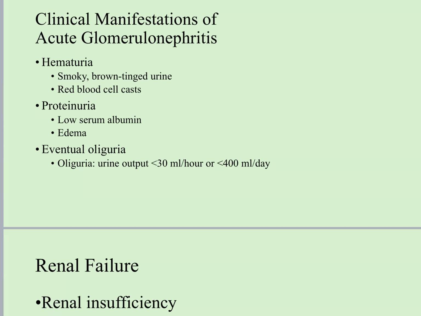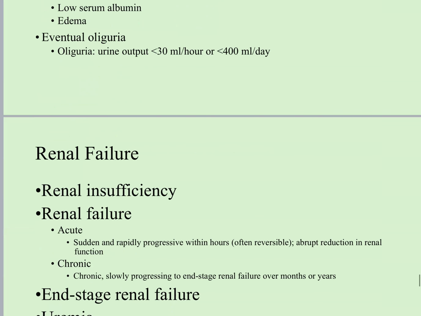And because that albumin is not adequate, we will have fluid where it doesn't need to be, and that manifests as edema. And eventually, this will cause oliguria, where oli means not enough. The urine output is less than 30 mLs per hour or 400 mLs per day.